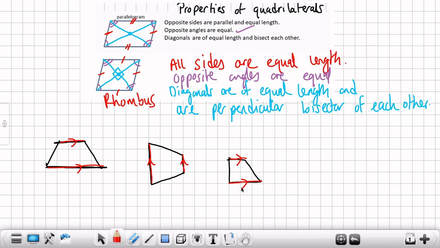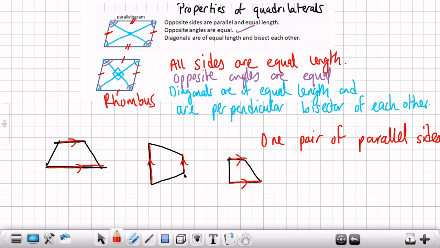Right, these two lines are parallel. So you could say trapeziums have one pair of parallel sides, and that defines a trapezium.